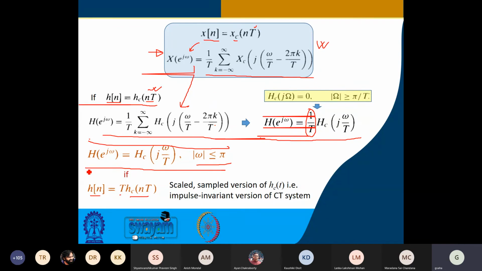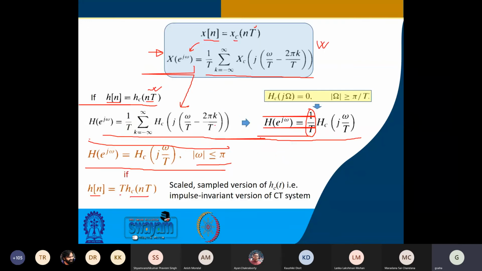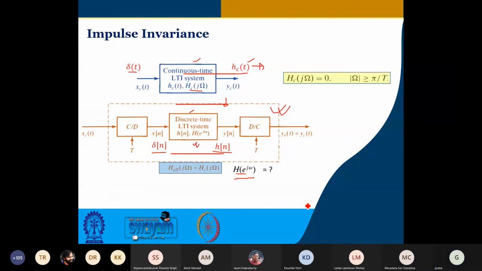Then the whole thing will be equivalent, with a simple mapping of h_c(t) and h[n] through impulse invariance, and each of these impulses that you get at interval of capital T is scaled by a value that is capital T. So the scaled sampled version of h_c(t), that is what you see here, will give us an impulse invariant version of the continuous time system that you want to realize using a digital signal processing system.